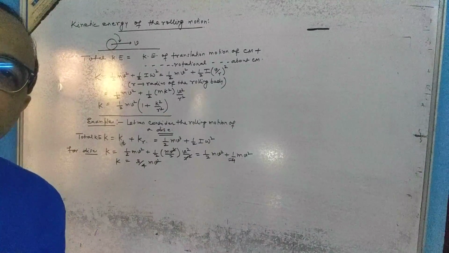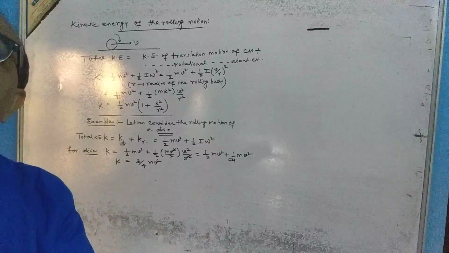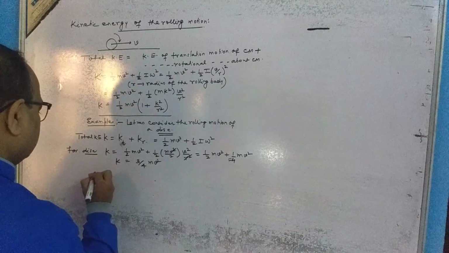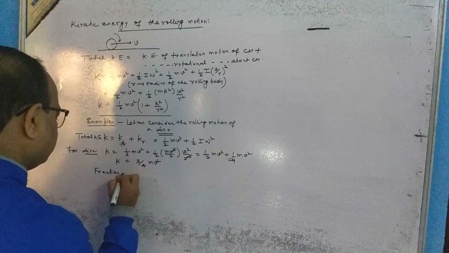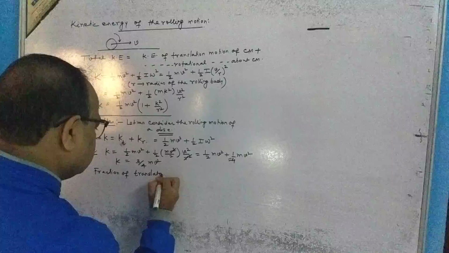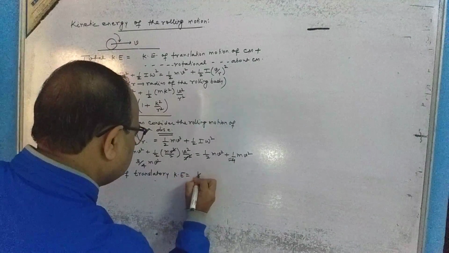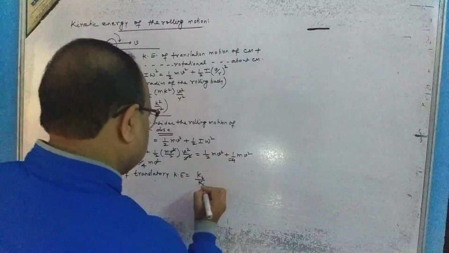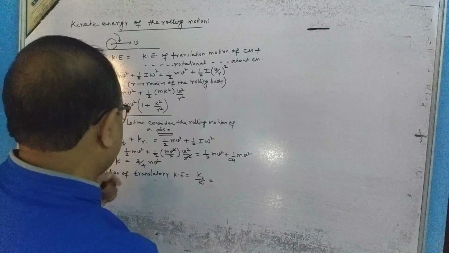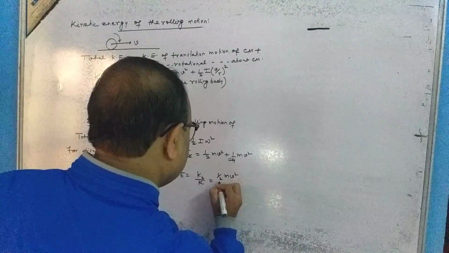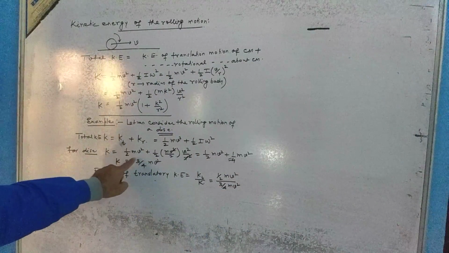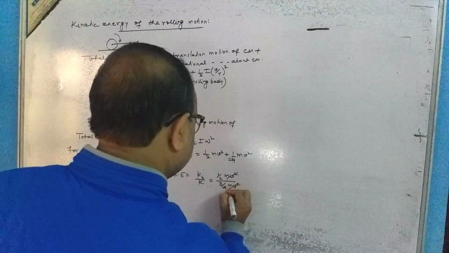If I ask you what fraction of the kinetic energy is translational and what fraction is rotational, then the fraction of translatory kinetic energy is equal to kT by K. kT is half mv square, K is 3 by 4 mv square. Then mv square cancels.